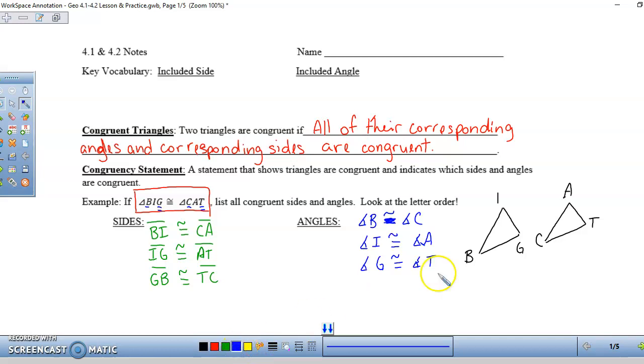So as you can see here, angle B corresponds with angle C. Angle I corresponds with angle A. Angle G corresponds with angle T. And then with the sides, BI corresponds with CA. IG corresponds with AT. And then GB corresponds with TC.